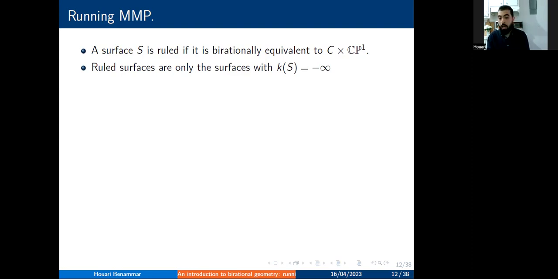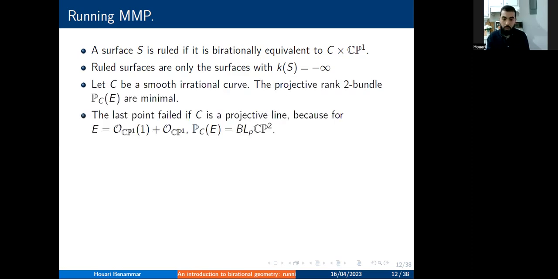Ruled surfaces are exactly the surfaces with Kodaira dimension minus infinity. So all surfaces with Kodaira dimension equal to minus infinity are ruled, that means birationally equivalent to C times CP1. If C is a smooth irrational curve, that means C is not CP1, then the projective rank 2 bundles are minimal, so there are no -1 curves.